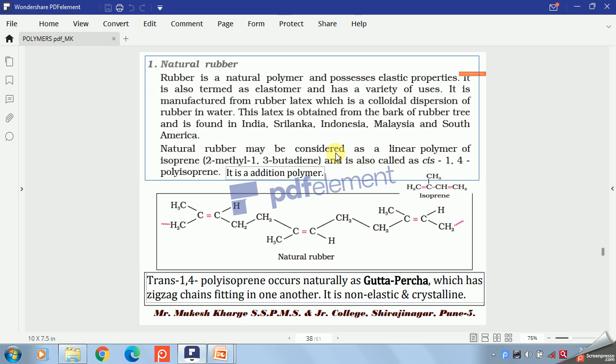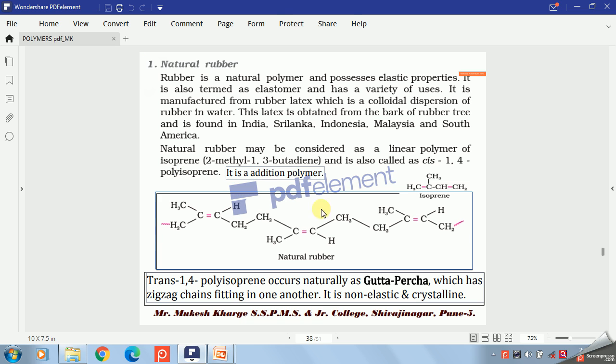The natural rubber may be considered as a linear polymer of isoprene. So this is your isoprene. What is isoprene? It is 2-methyl 1,3-butadiene, and natural rubber is also called cis-1,4 polyisoprene. It is formed due to addition polymerization. That's why it is called an addition polymer.